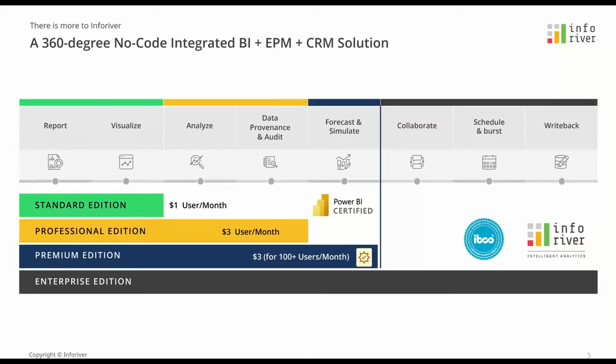The enterprise edition of Inforiver, which we will be focused on, provides collaborative comments, the ability to schedule and burst your paginated reports, and also the write back, which is basically one of our strongest suites. Our standard edition starts at just $1 per month and is also IBCS certified. Our software is both Power BI certified as well as IBCS certified.